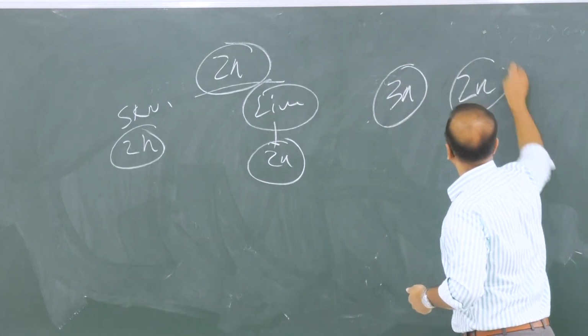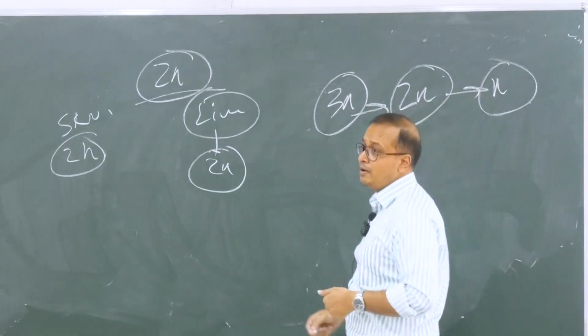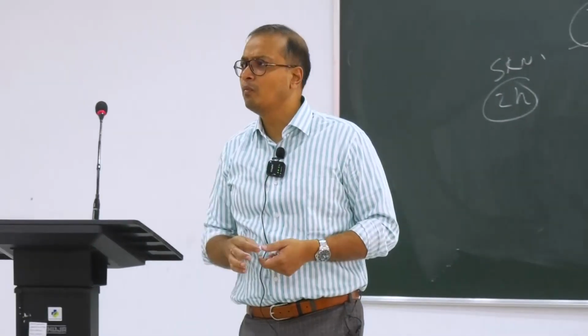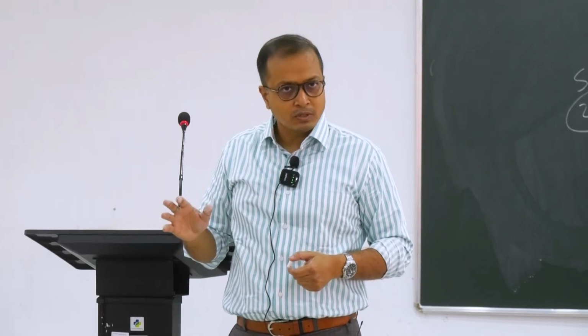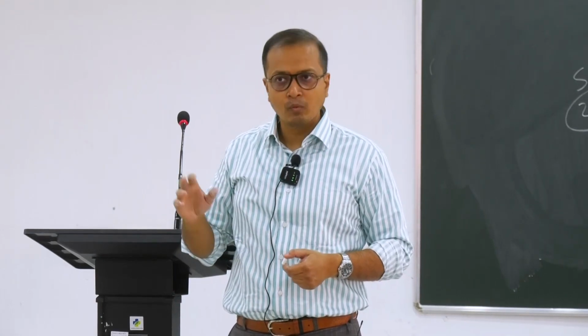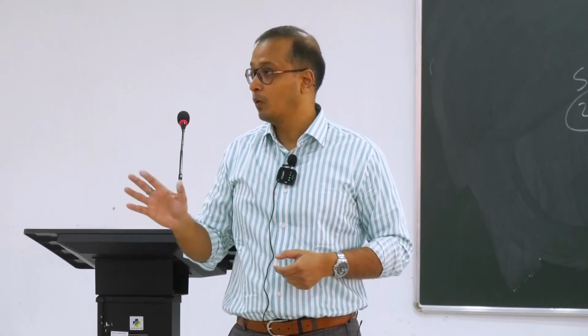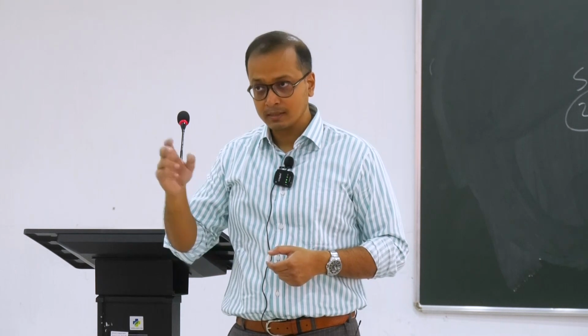Some cells are n, 2n, 3n, or a mixture of maybe 2 of them. Is it possible to have more than 1 somatic cell line in an individual? Yes or no?